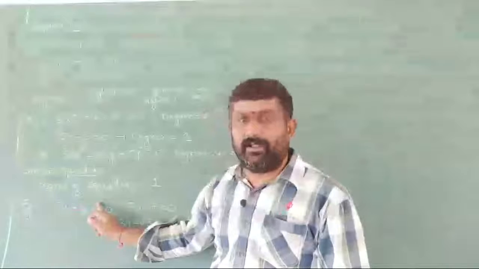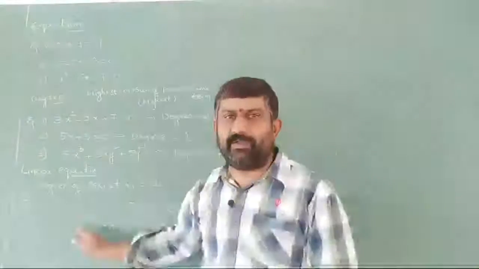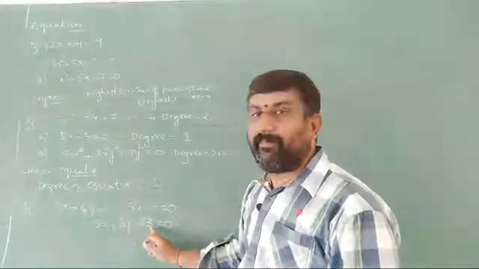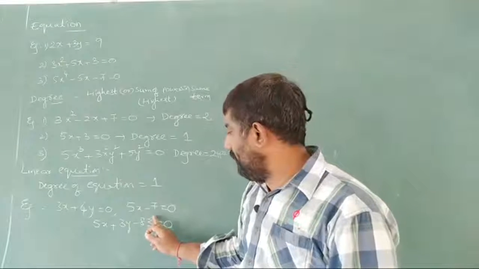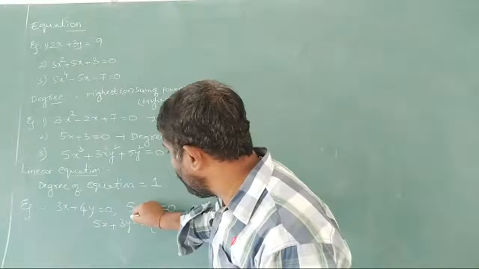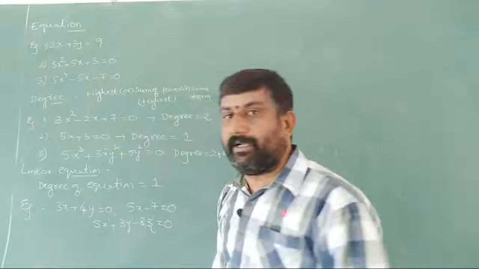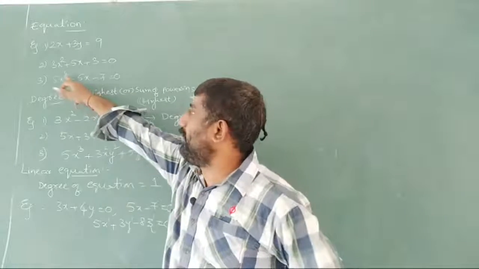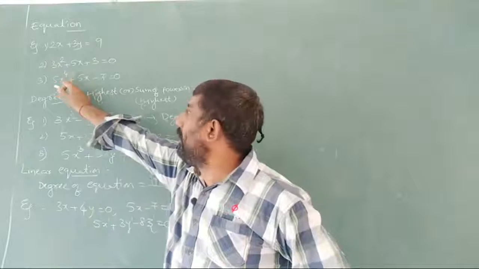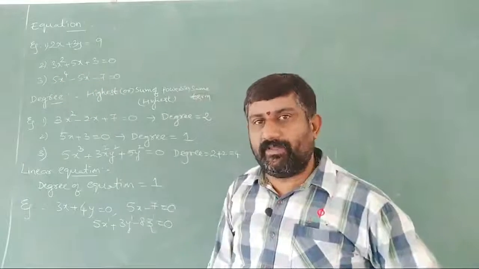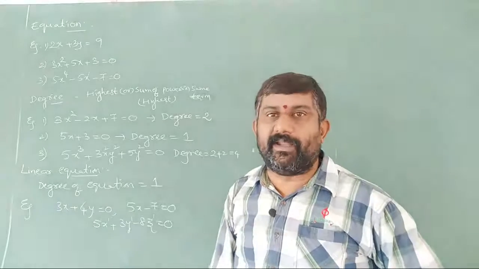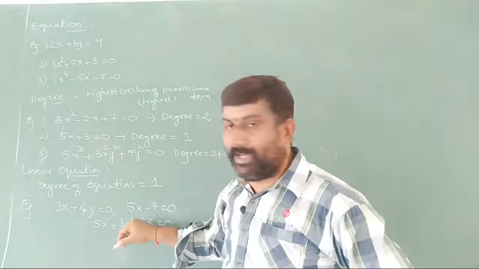x is having 1, y is having 1. x power 1, y power 1, z power 1 we have here. Where nothing is written, it means 1. You can write 1, 1, 1 also. Earlier, you observe, power 4 we had, that's why I wrote power 4. If we are not keeping any number, it is automatically assumed as 1.